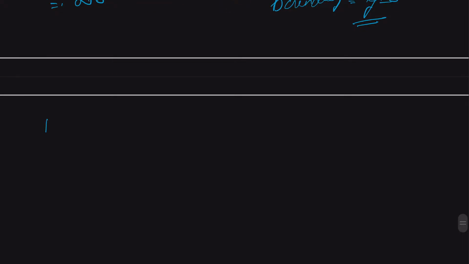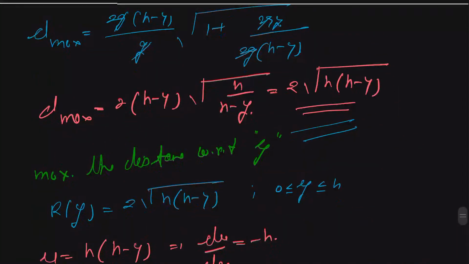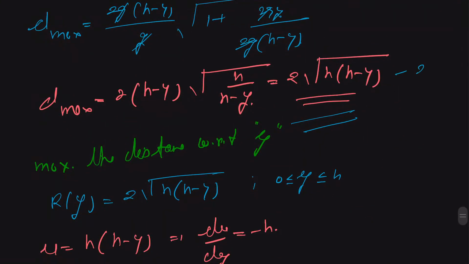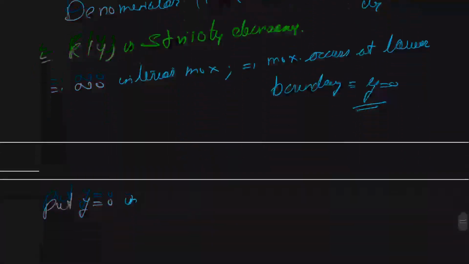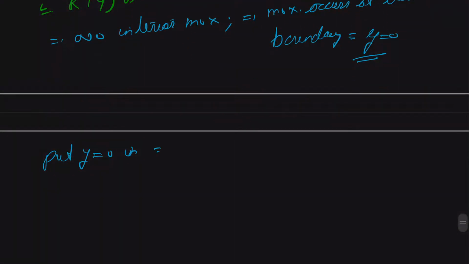So we can say put y is equal to 0 in, let us call this equation number 2. In equation 2, we get our d max will be equal to 2 square root of h minus 0, which gives us twice h.